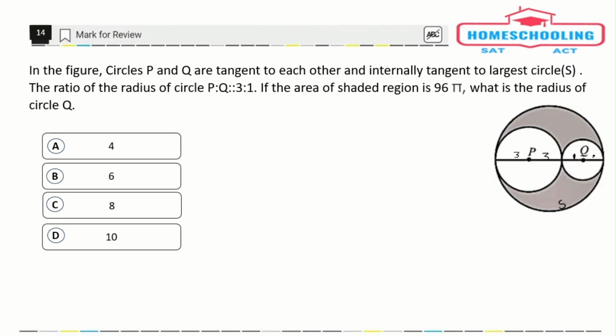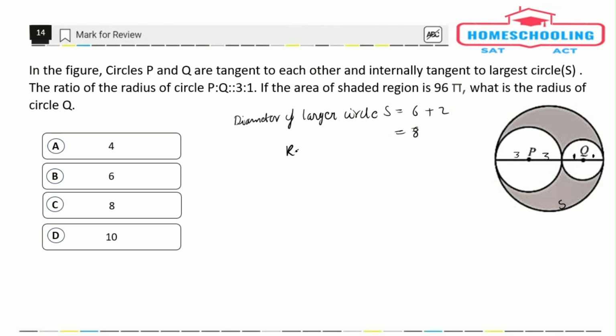So the diameter would be 1 plus 1, that is 2. So the diameter of the larger circle S, as we can see, is 3 plus 3, 6, plus 1 plus 1, that is 2. So that would be 8.